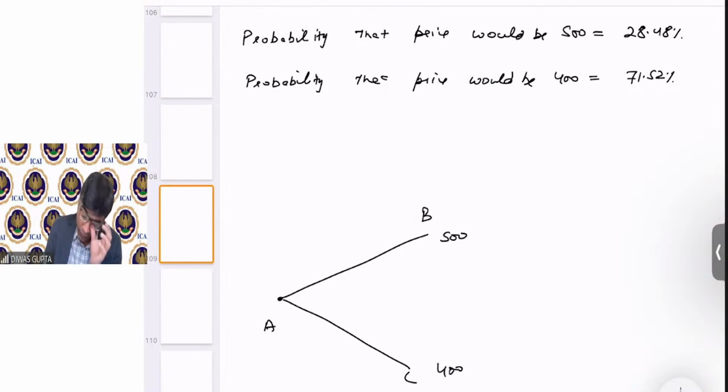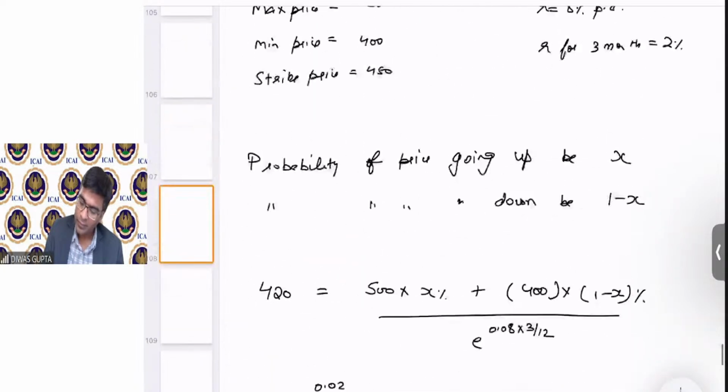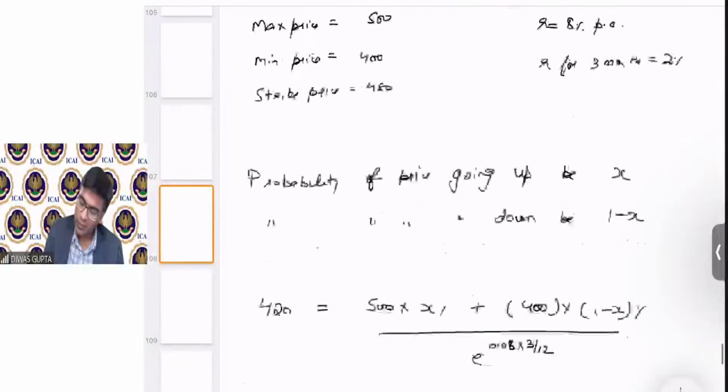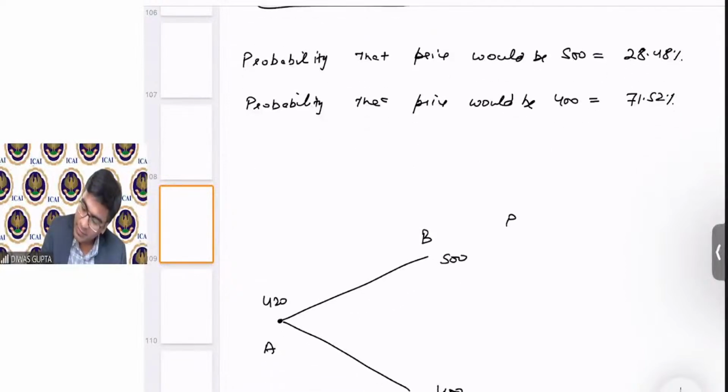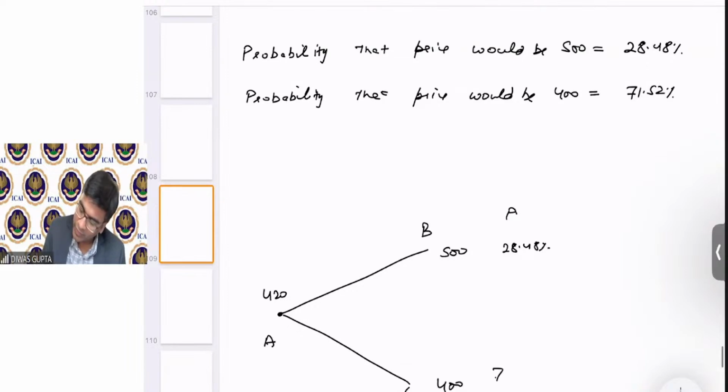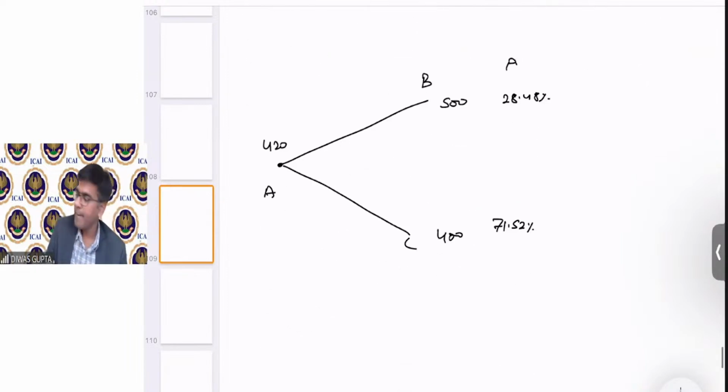The current price was 420. Okay. The probability it will be 500 is 28.48 percentage, and here it is 71.52 percentage. Clear? Now these are the two nodes.